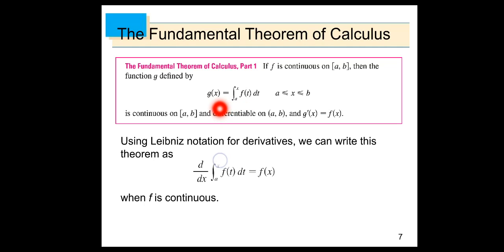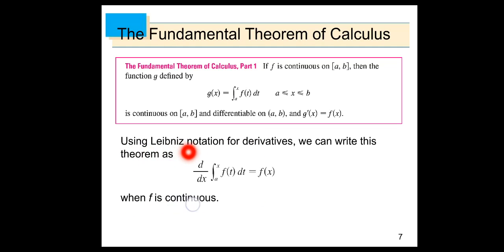So what do we have in this particular integration? We have the constant at the lower limit and a variable at the upper limit. When we take the derivative of this, it becomes f of x. So that's the fundamental theorem of calculus.